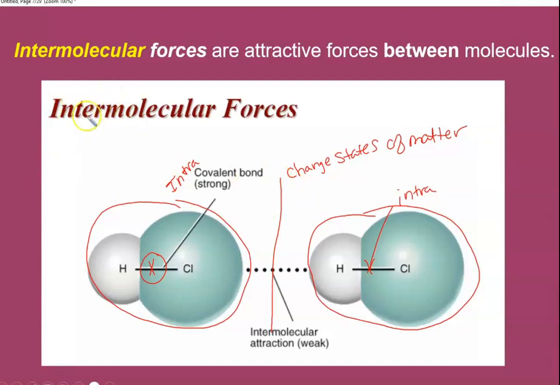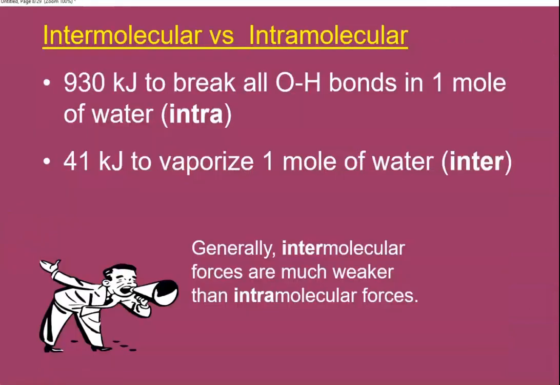And we're going to look at the different types of intermolecular forces. So this first slide I'm going to go kind of fast through, and then we'll come back through each type. This one's just saying, when you boil water, you are breaking intermolecular forces. That's just to vaporize it.